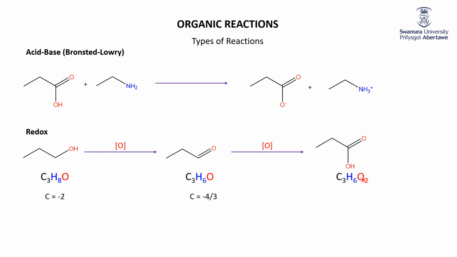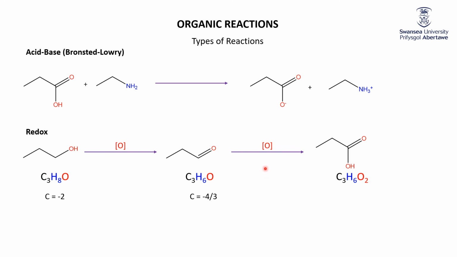So an organic chemist would go no further than just pointing out we have gained an oxygen. When you gain an oxygen atom, that can be an indication of an oxidation, in the same way that if you lose an oxygen atom, that can be an indication of a reduction. Okay, and so what happens to oxygen atoms, what happens to hydrogen atoms, definitely something we're going to be looking at as we look at organic redox.